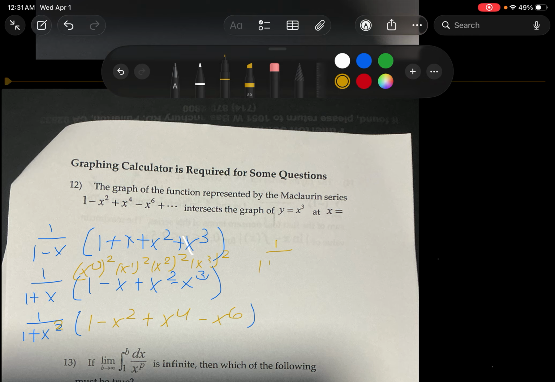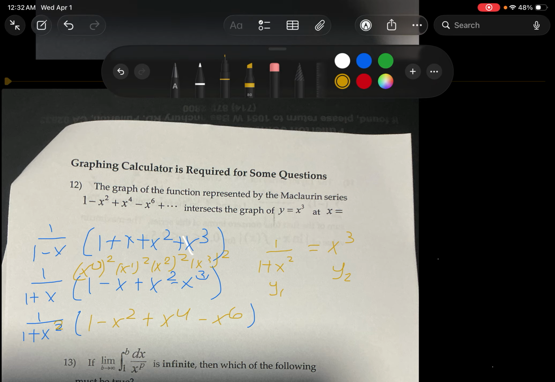1 over 1 plus x squared, this expansion intersects y equals x to the power of 3. So there's a little trick that I'm going to show you guys. It involves your TI, since the graphing calculator for this section is allowed. So we're going to graph 1 over 1 plus x squared as your y1 and then your y2.